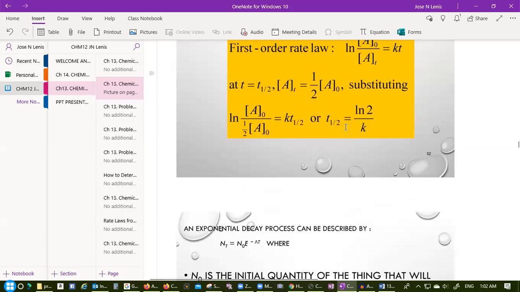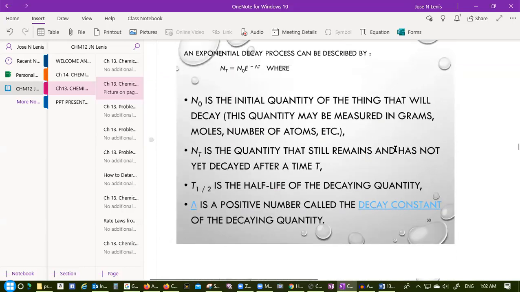I'll show you a couple of examples how to do that using these two equations. So that's a big application of dating, and that's why we related this chapter with nuclear chemistry, because we are going to work with that type of nuclear reactions. We're going to apply these equations.